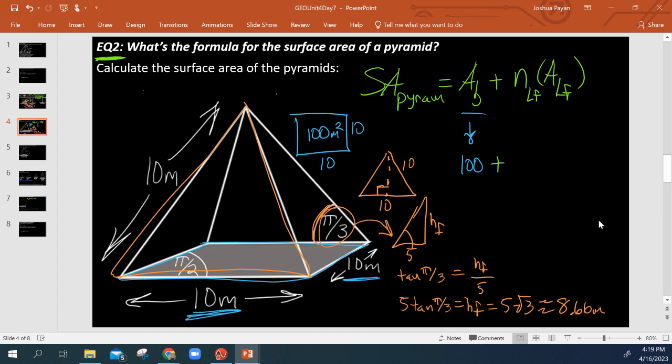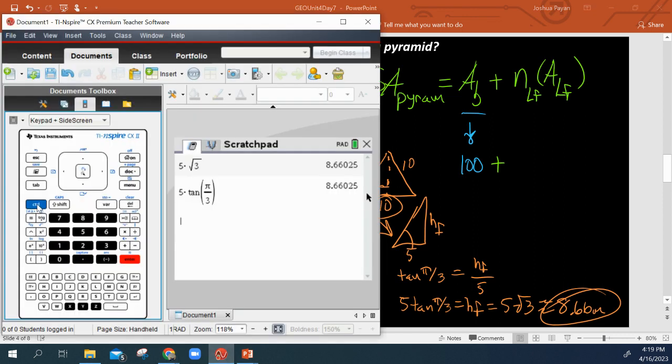So that's the height of each face. Base times height divided by 2, so let's go ahead and do that. Base is 10 times height, which was 5 square root of 3, all over 2. And we get 43.30.